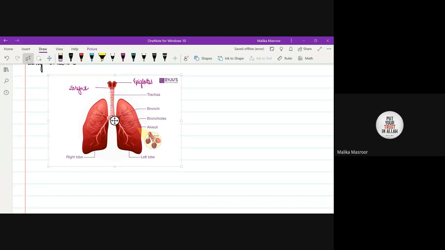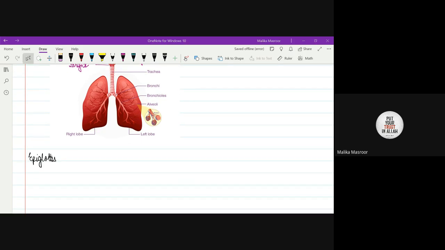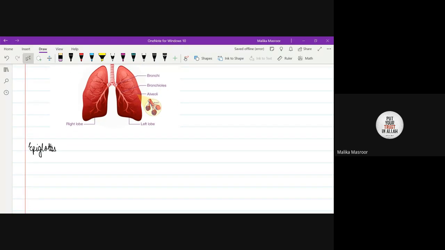Firstly, we have the epiglottis. This is present at the top of the trachea and stops food and drink from entering the air passage while we eat.